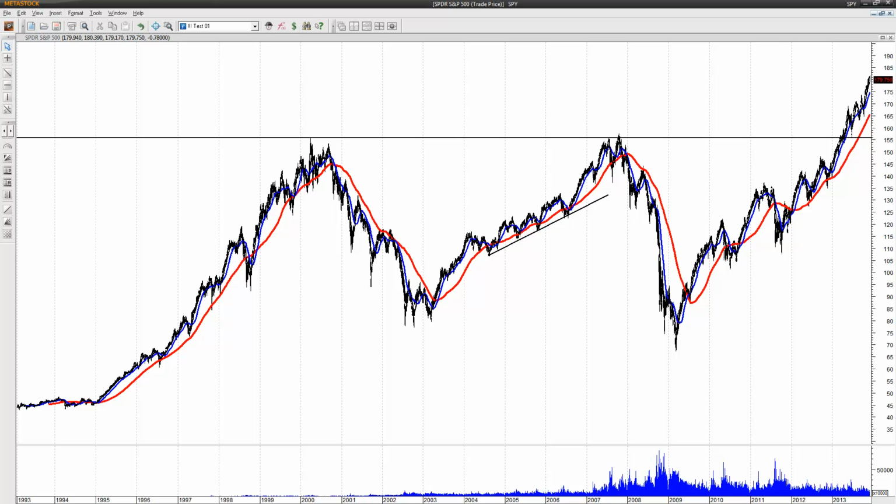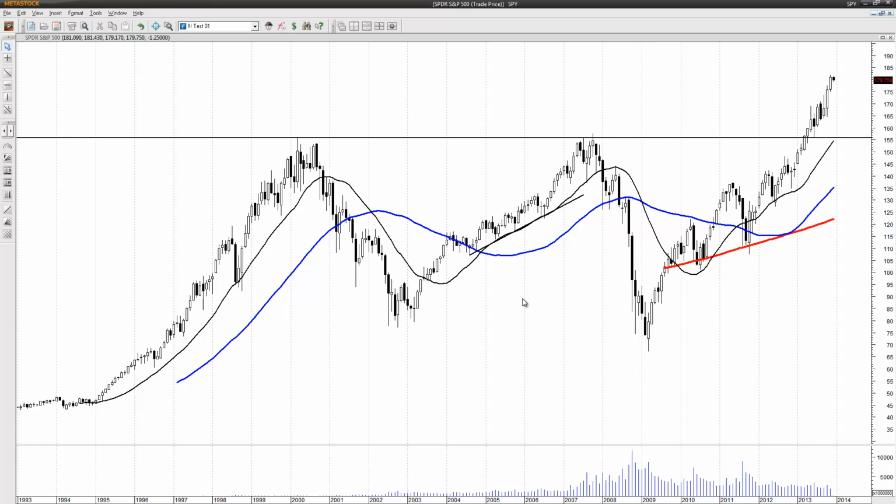What I really like about price action levels is that they are time frame independent. If I now change to monthly data, you can see the levels are still the same, except for the indicators that change value all the time if you change the time frame.